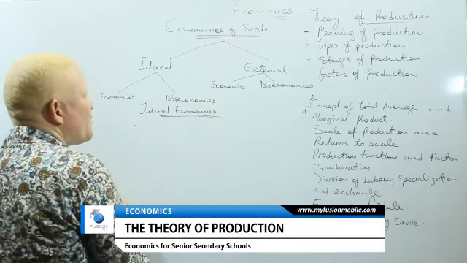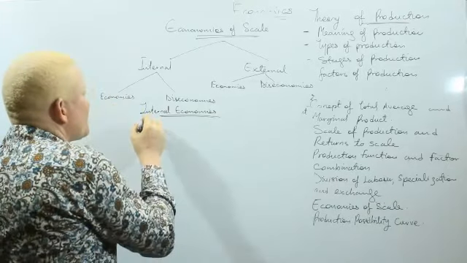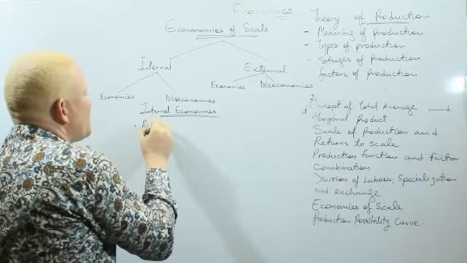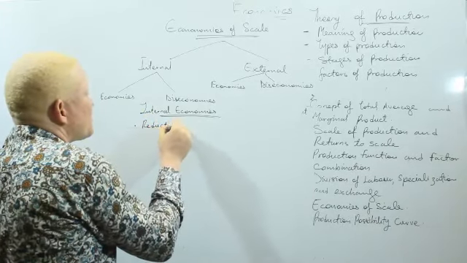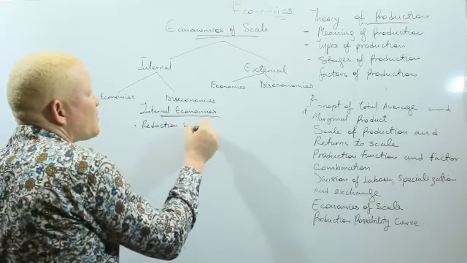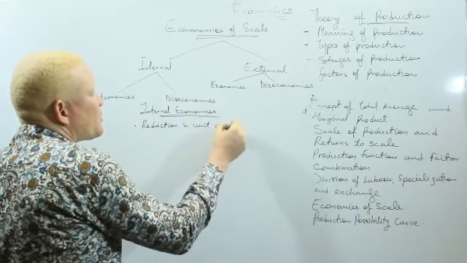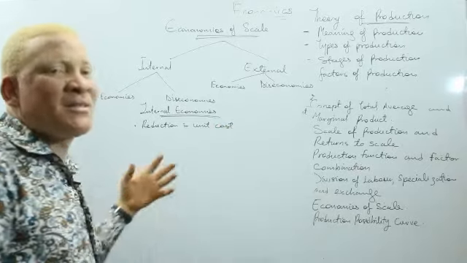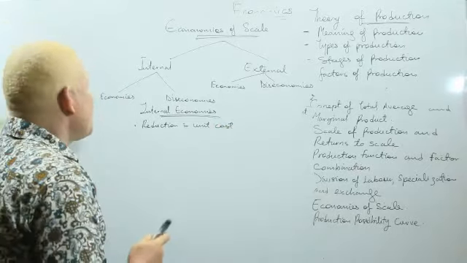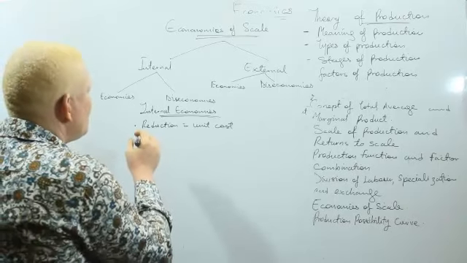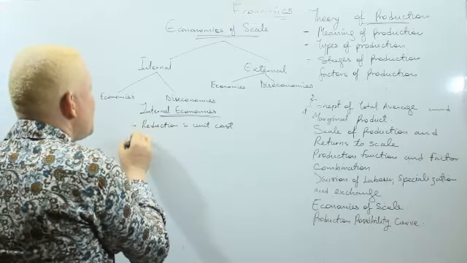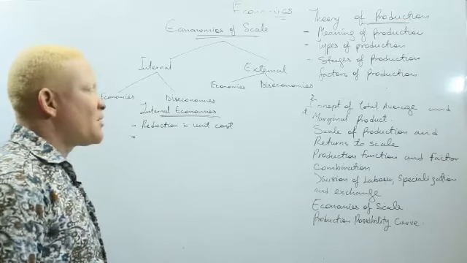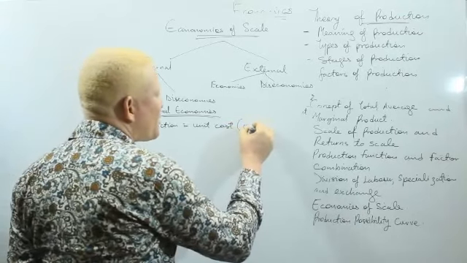Internal economies can be looked at from the point of view of reduction in unit costs from its activities. Now, what does it enjoy? Reduction in unit cost of production, that is one of them, and that is what we call cost economies.